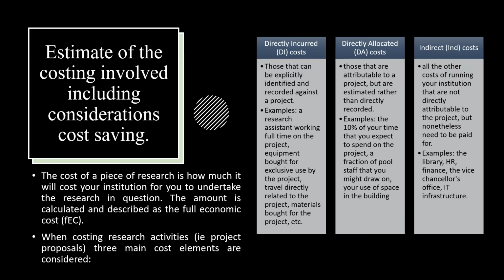For example, your time that you expect to spend, the pool of staff, the building, and so on. The indirect is all the other costs of running your institution that are not directly attributable to the project but nonetheless need to be paid for. For example, you need to pay for the library, HR, finance, and so on.